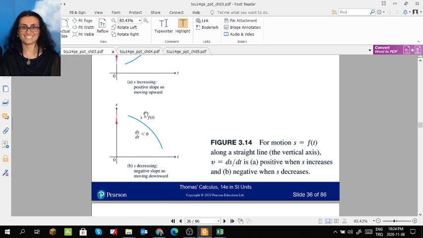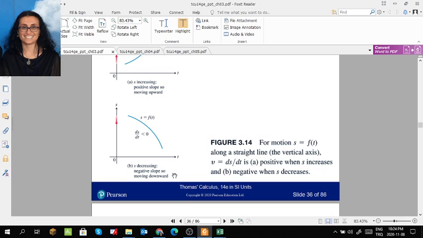In the second one, as the position changes, the position was up here, but then it comes back, it drops down to somewhere close to 0. Of course, when you have that, if you draw the tangent line here, the tangent line is going to have a negative slope. ds/dt is negative, which means velocity is negative.